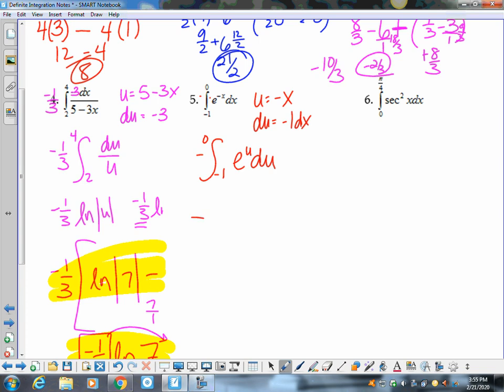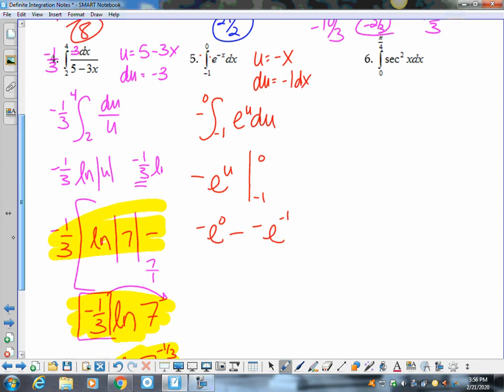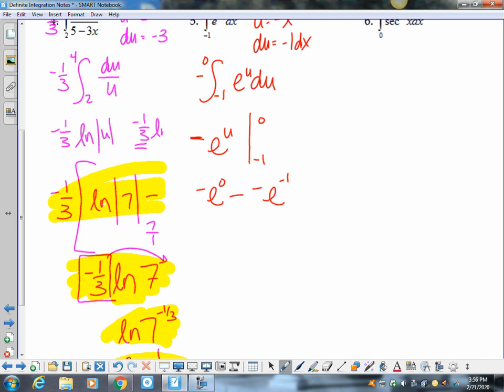And the integral of e to the u is just e to the u. And I'm going from negative 1 to 0. So I have negative e to the 0 minus a negative e to the negative 1. And you could have left this negative out like we did the negative 1/3 and done it this way, e to the 0 minus e to the negative 1. That would have been fine too.